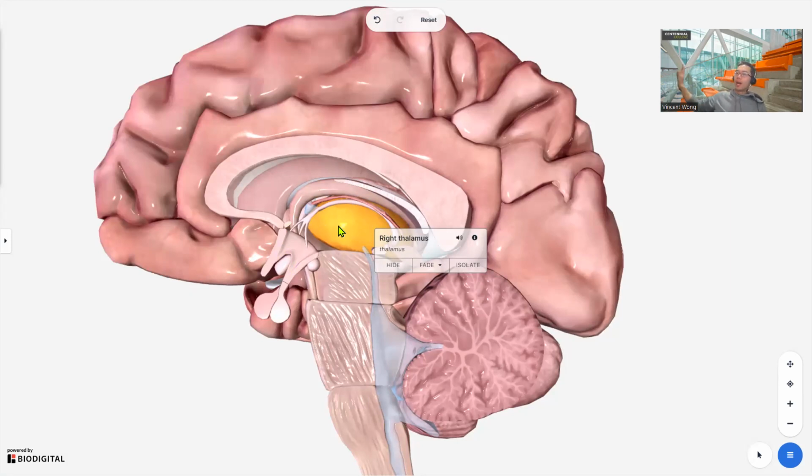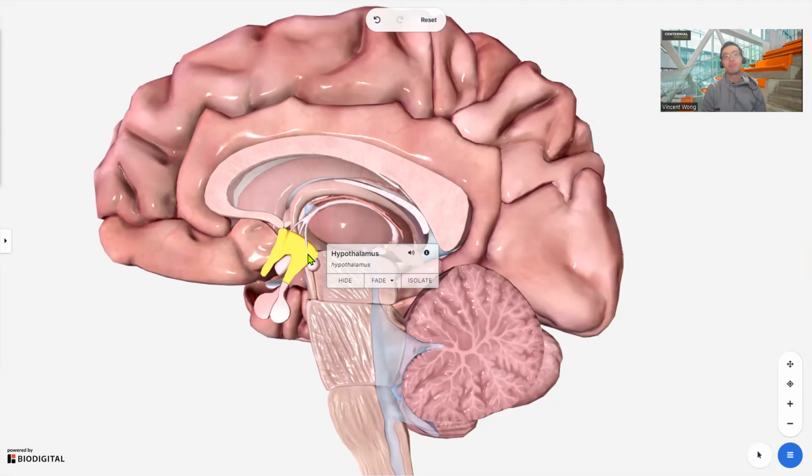The wall on your right would be the right thalamus, and the wall on the left would be the left thalamus. Can you guys visualize that? And then the floor is going to be part of the hypothalamus. Hypo means below, right? So the third ventricle is flanked by the two thalami on each side, and part of the floor is made up of the hypothalamus.